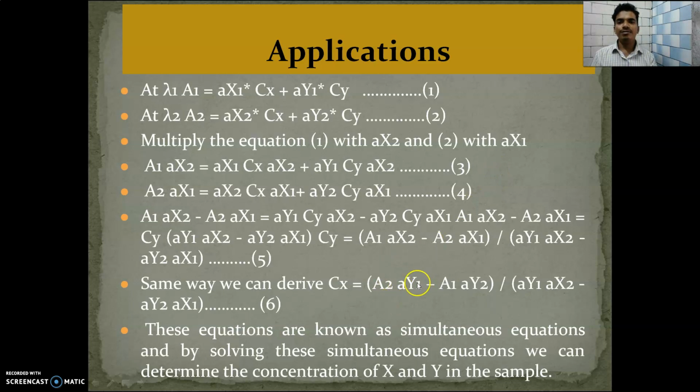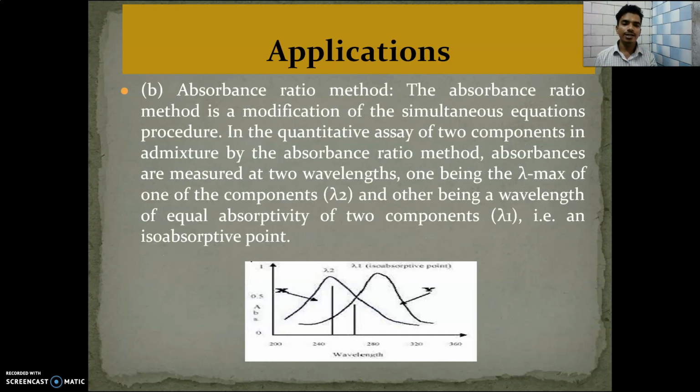After putting in the values, we get these equations, which are known as simultaneous equations. Solving the simultaneous equations, we will determine the concentrations of X and Y in this sample.